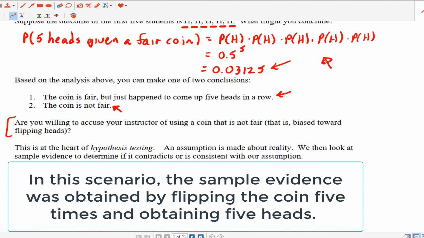And that's why you were willing to accuse the instructor of not using a fair coin. And so that's the process that we're going to go through for all of hypothesis testing. Make an assumption about reality, collect evidence, and weigh that evidence against our assumption. And if the evidence is not consistent with our assumption, we're going to say, maybe my assumption was inaccurate. Now we're going to formalize that process, but that's the basic gist of it for the rest of our discussion of hypothesis testing.